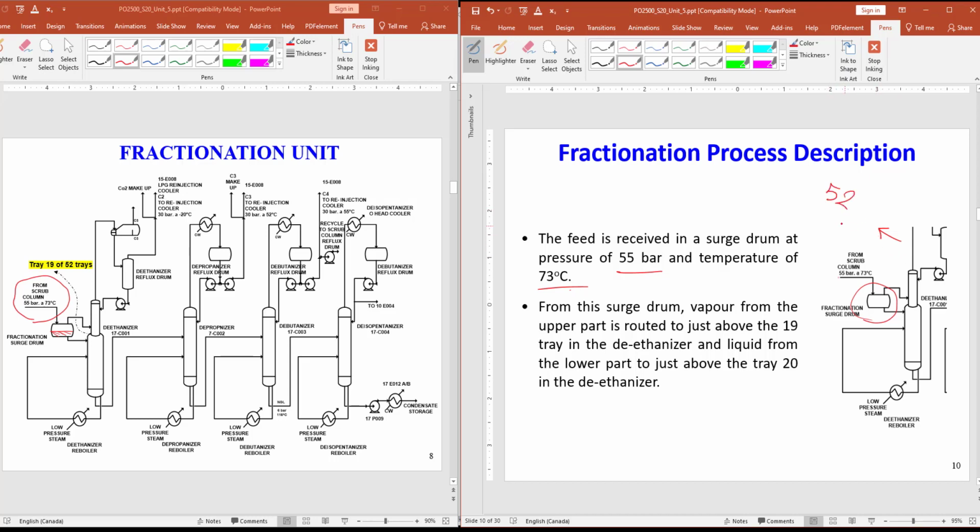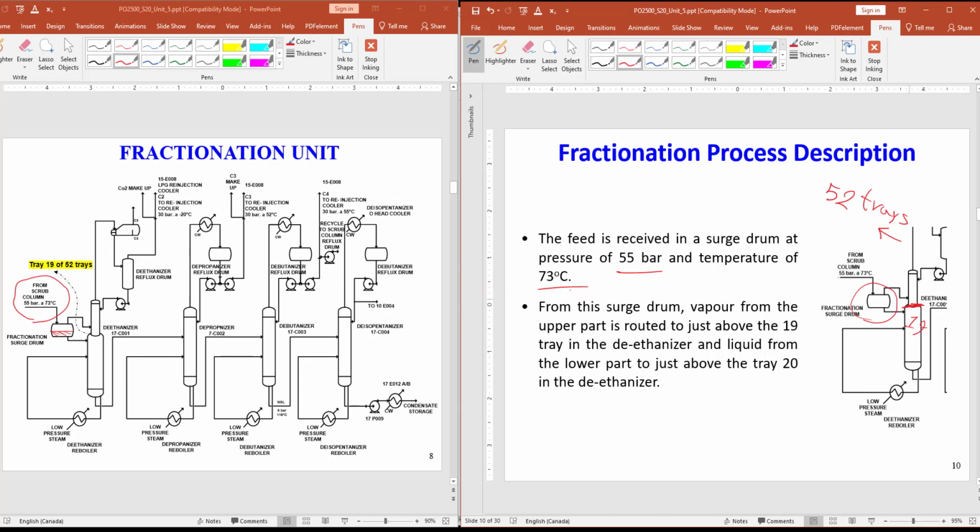It's a tray distillation column with 52 trays. We separate vapor from liquid in the surge drum, and we pick tray number 19.